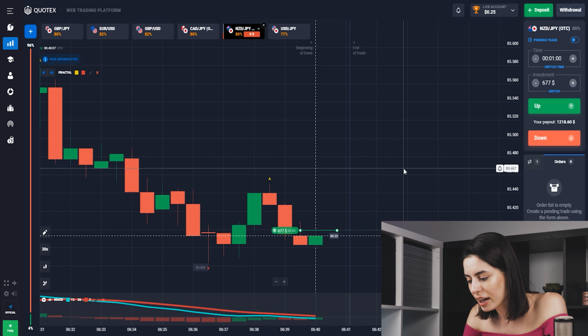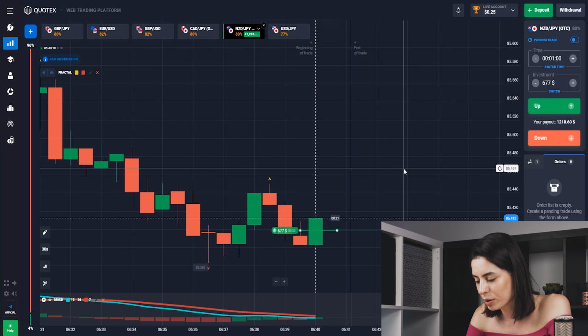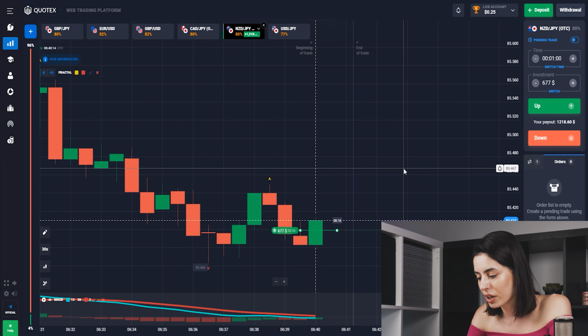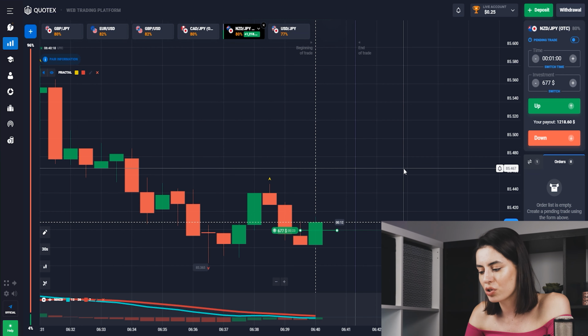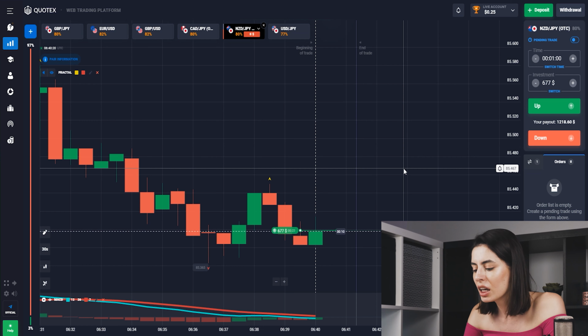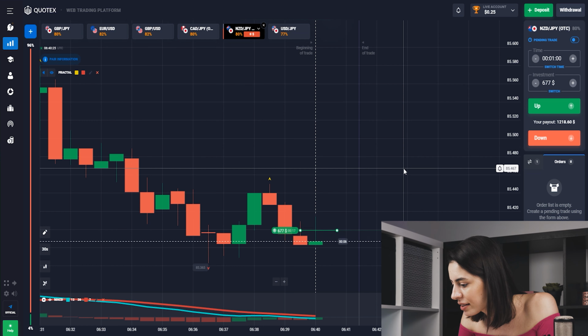And I am detecting that these two lines of the MACD are getting closer and closer, and they are going to cross each other. I'm expecting that, with just a few candles and then a change in volatility in the market here.